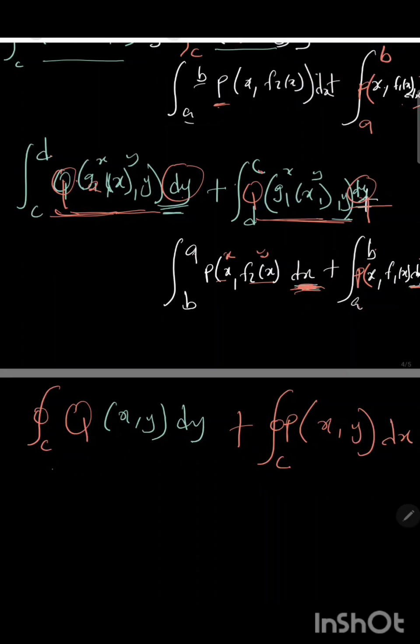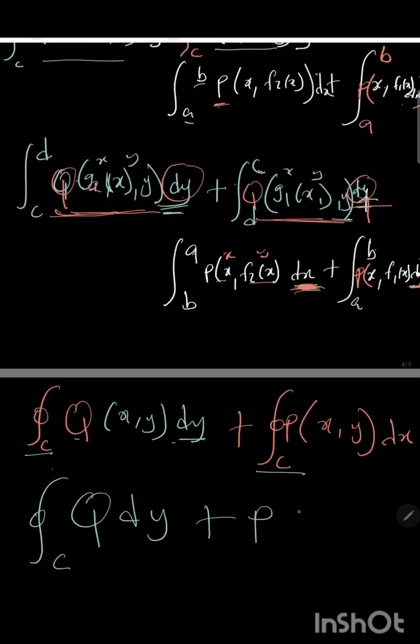Since this is under the closed curve C, this is also under the closed curve C, meaning that we can factorize the integral, which is common. So the integral of a closed curve C is common. Here you are going to remain with Q, a function of x and y, with respect to y, which can just be written as Q dy plus this one as p dx like that.